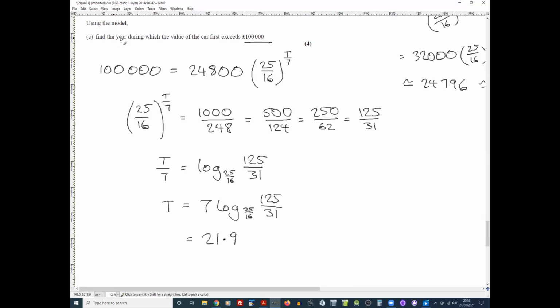I was assuming the question was at which January the 1st would it have first exceeded that? Now we have to be careful. 21 years after the start, it hasn't. So it's 2022, during the year 2022, yes.